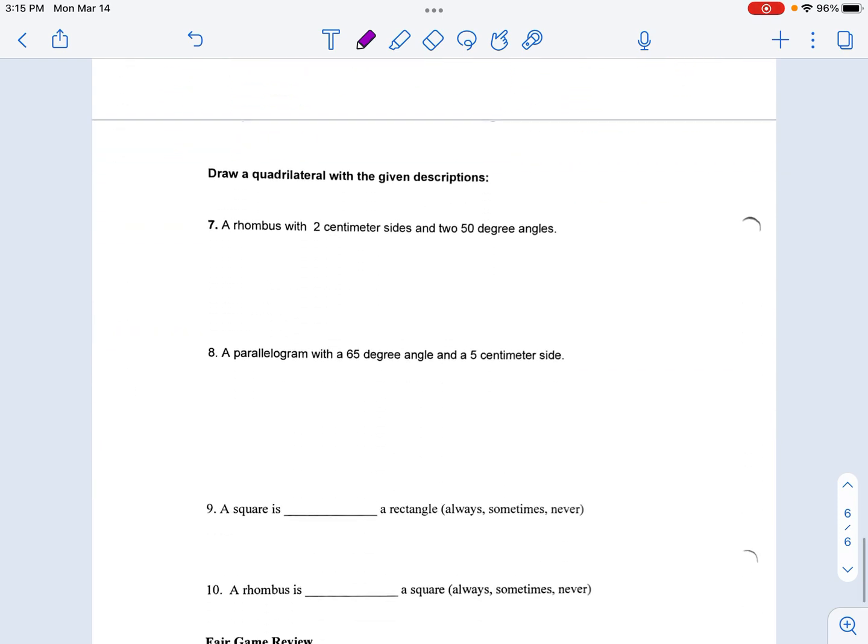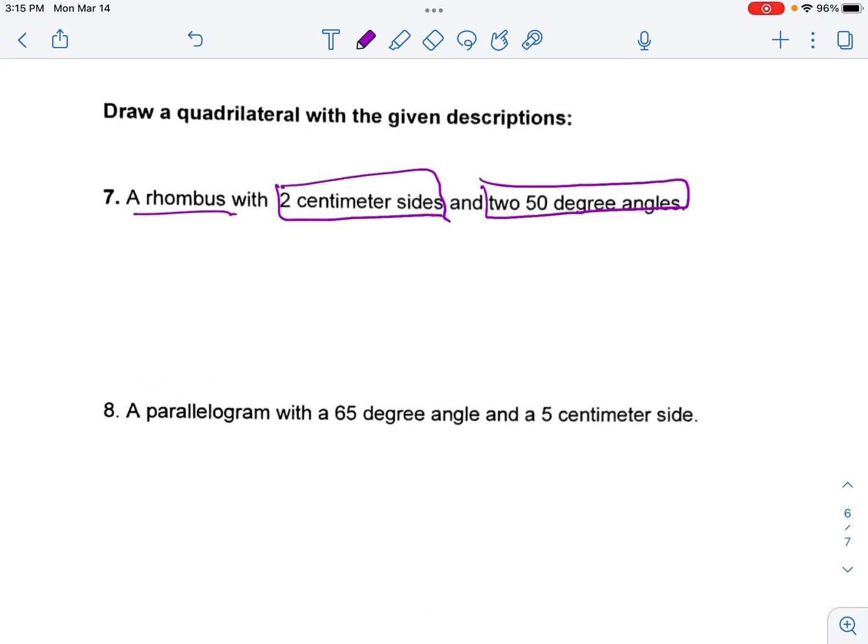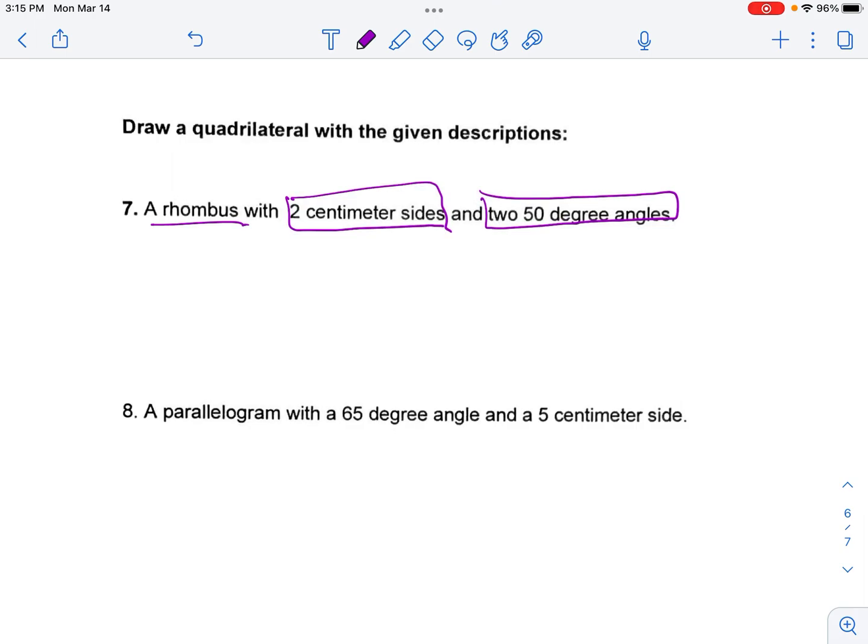Okay, same as before, for 7 and 8, come show me these tomorrow if you were not here today to discuss in class, so I can see if you did these correctly. You're drawing a rhombus, with 2 centimeter sides, and 2 50-degree angles, okay? You'll want a 50-degree angle, and then each side should be 2 centimeters.